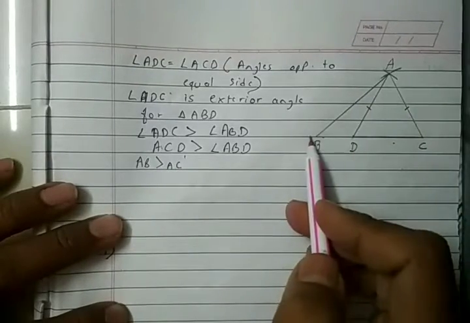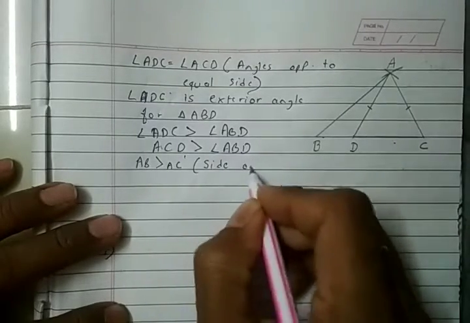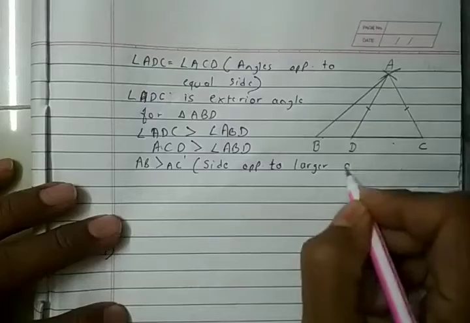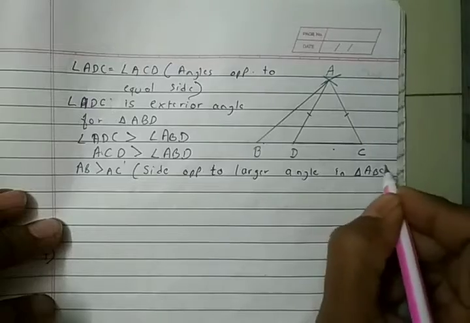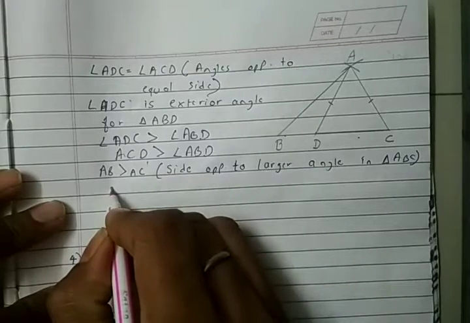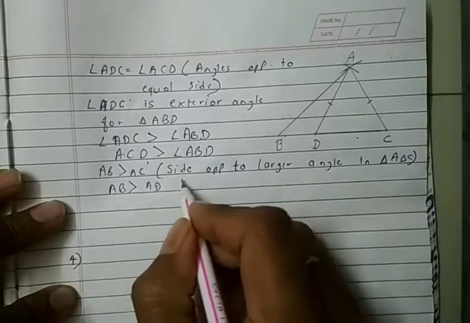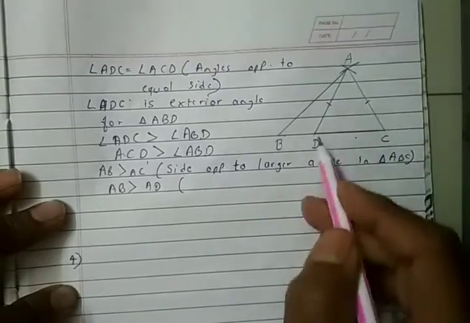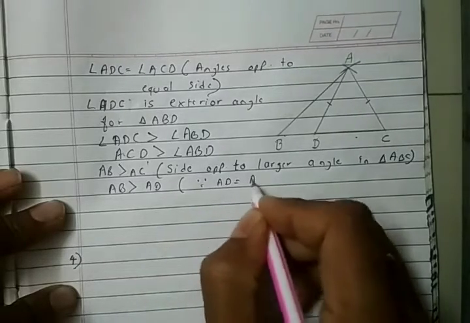Why can we say that? Because the side opposite to the larger angle is larger in triangle ABC. We have just proved that theorem, so we are using it over here. So we can say that AB is greater than AD. How can we say that? AC is equal to AD, as given.